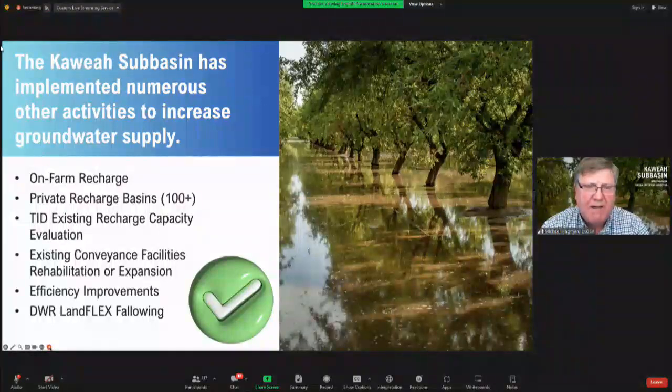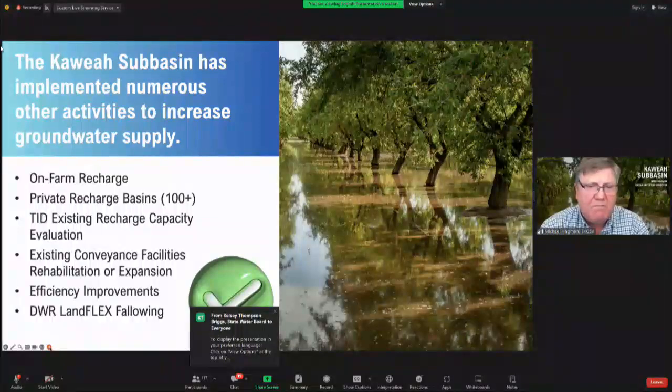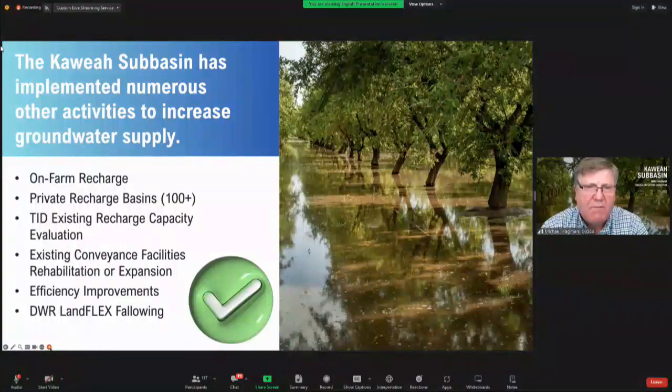And we've done a lot of that in the past 2 years. Some programs, such as the land fallowing programs or multi-benefit land repurposing programs, actually remove ground from groundwater pumping, and they help in us achieving our objective of sustainability by 2040. Next slide.